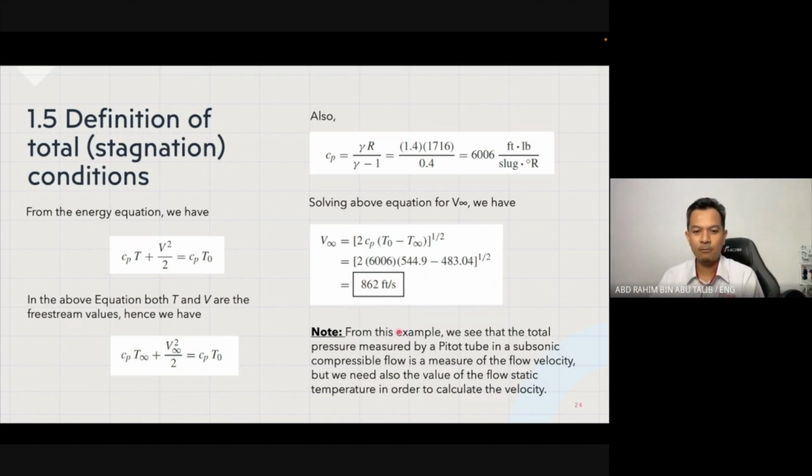From this example, we see the total pressure measured by a pitot tube in a subsonic compressible flow is a measure of the flow velocity, but we also need the value of the flow static temperature in order to calculate the velocity. I highly recommend that you go through the exercise yourself using SI units, and you will appreciate the steps I have just shared.